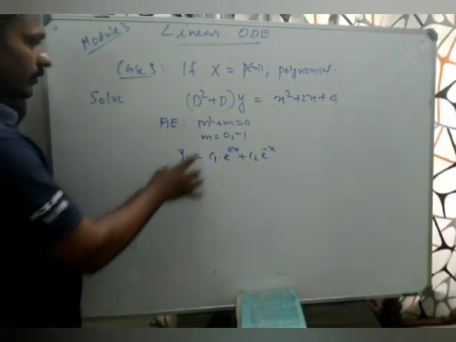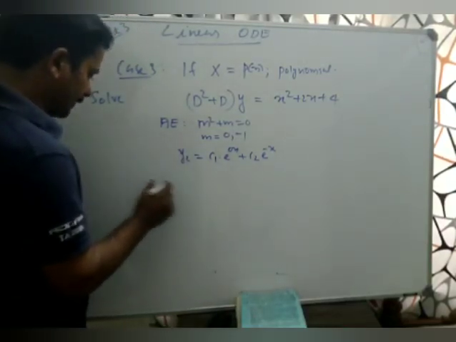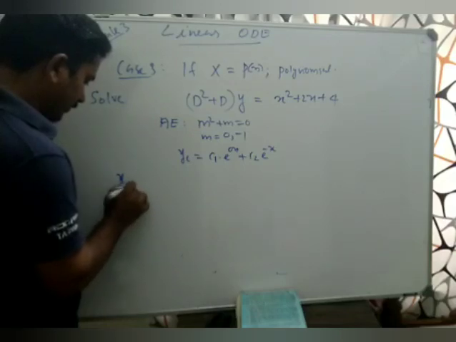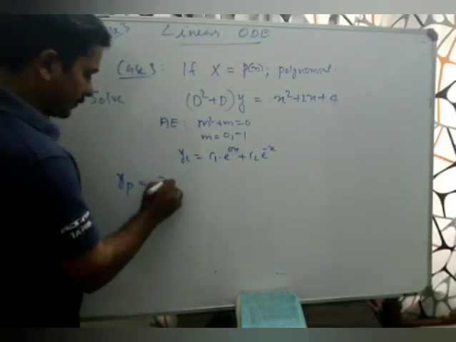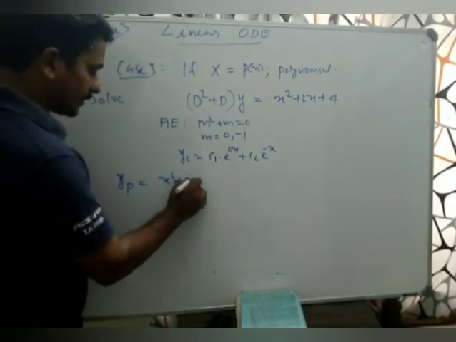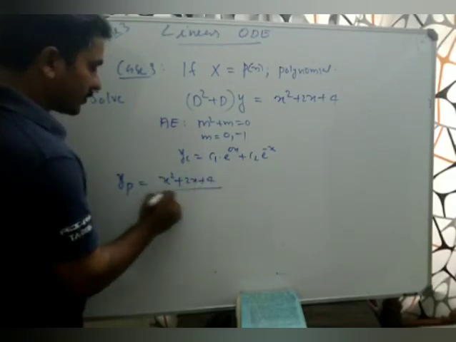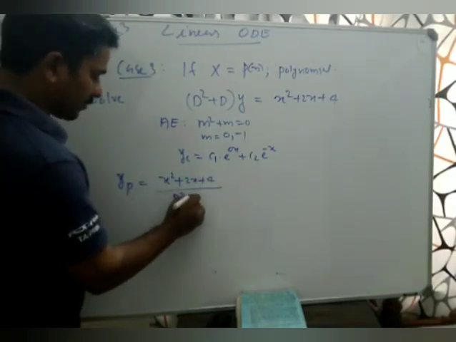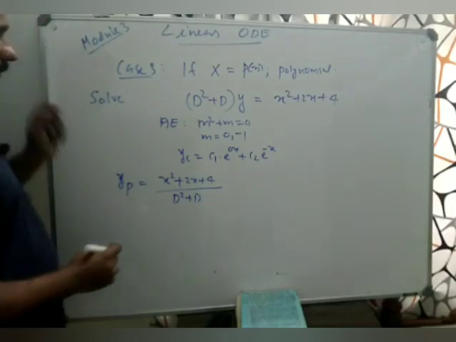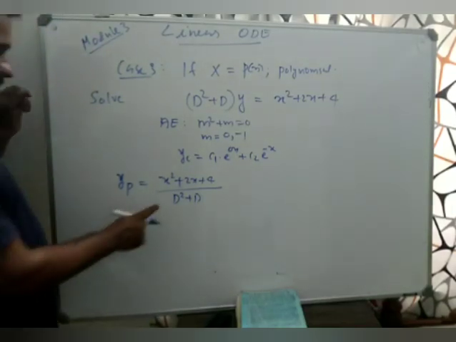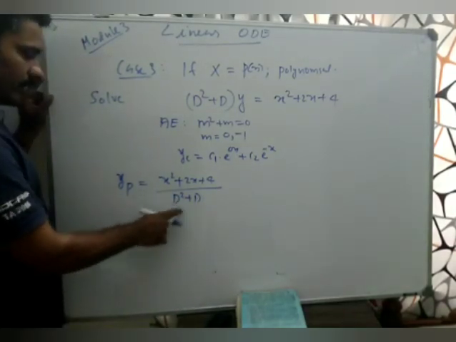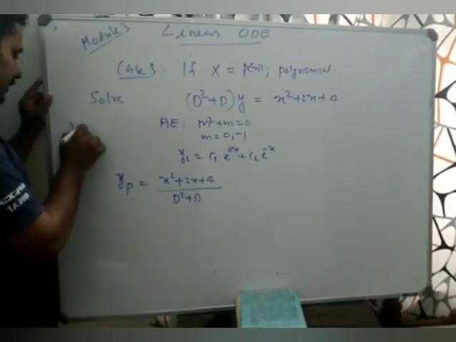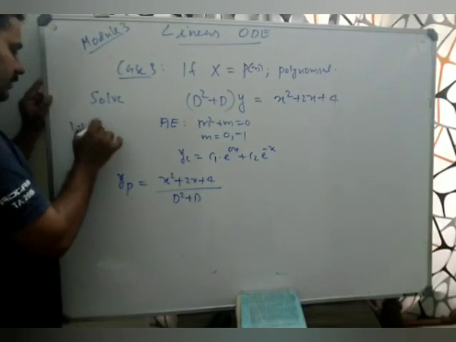Okay, now the particular integral yp is equal to x squared plus 2x plus 4 over d squared plus d. Okay, so here what we are going to do is we write this as some 1 plus or 1 minus, okay, some function of d.